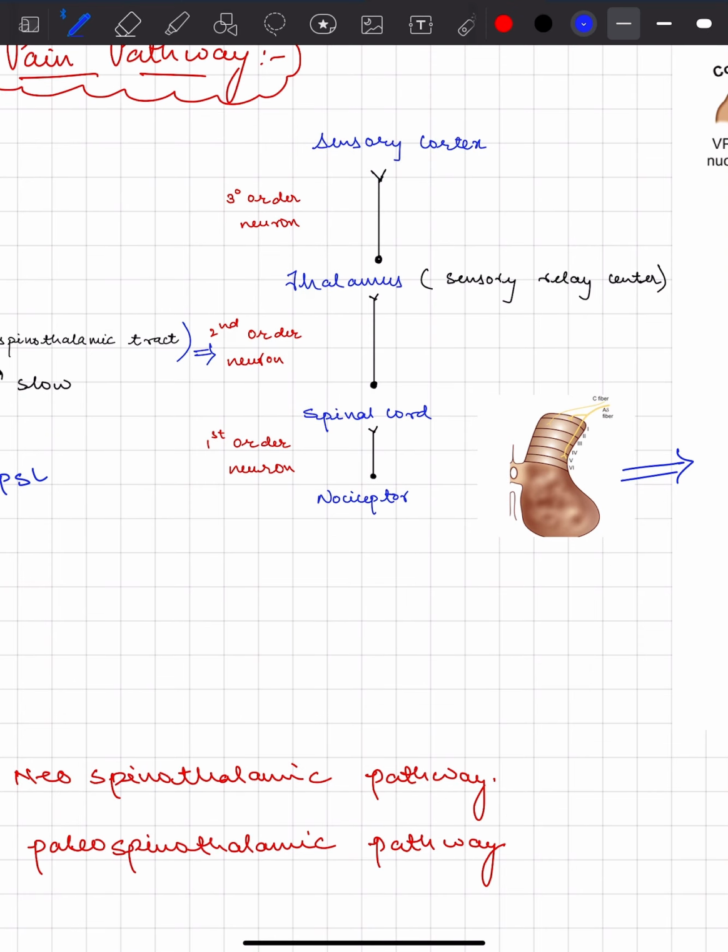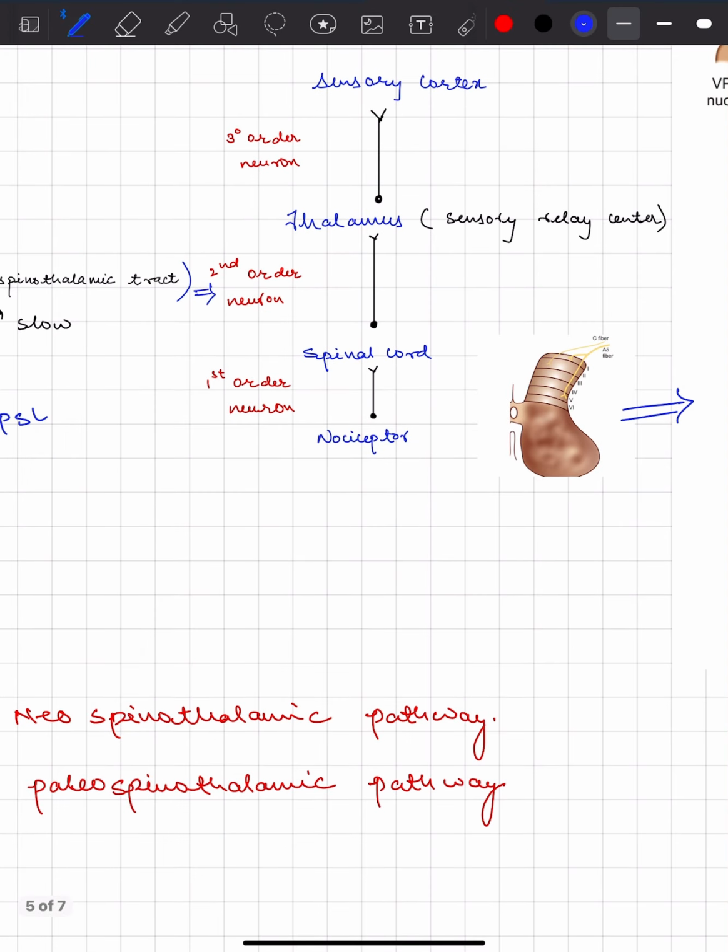So first, the nociceptive stimulus stimulates the nociceptors. From the nociceptors, the first order neuron takes that nociceptive stimulus, in the form of a nerve impulse, an action potential, to the spinal cord.